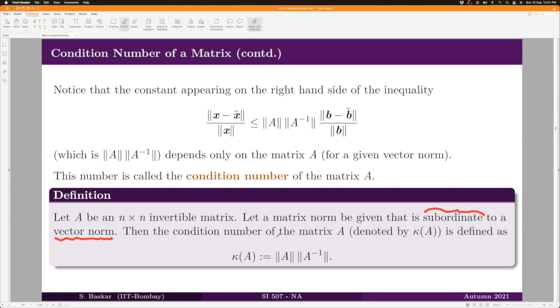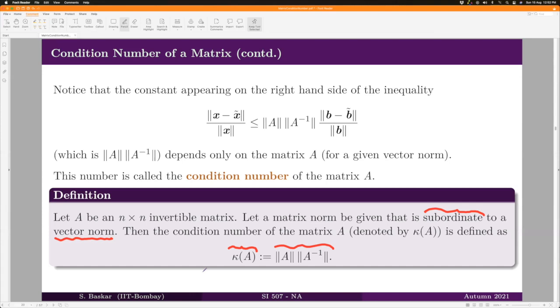Then the condition number of the matrix A is defined as this constant, and that is generally denoted by kappa of A. Well, if I give you an invertible matrix A and ask you to find the condition number of the matrix, you just cannot find it, but I have to also give you a vector norm. Okay, because the condition number is defined based on what vector norm I give you, and then you will get the corresponding subordinate matrix norm, or I may give you directly the subordinate matrix norm.